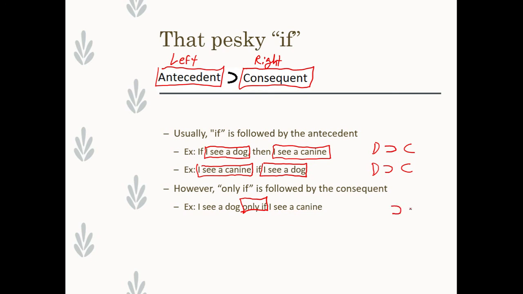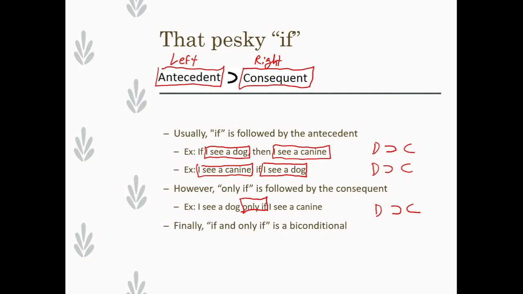So I see a canine is your consequent, that's the right side of your horseshoe. I see a dog is the other thing in this case, and that's going to be your antecedent, and that'll be the left side of your horseshoe. So only if, just keep alert, when you see only if, you put whatever follows only if on the right side of your horseshoe.